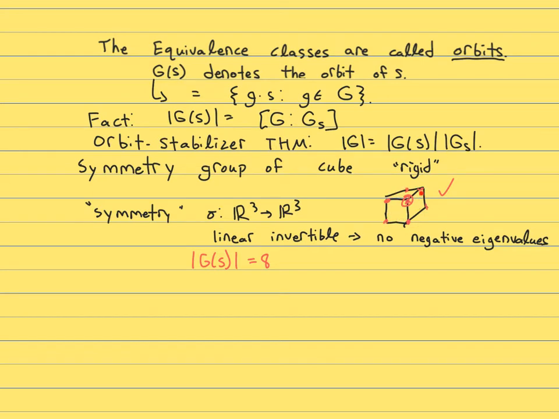So that's 3 possible rotations, and each of those 3 rotations fixes that vertex. And it's hard to prove, but you can show that those are the only 3. And so the size of the group ends up being 24.